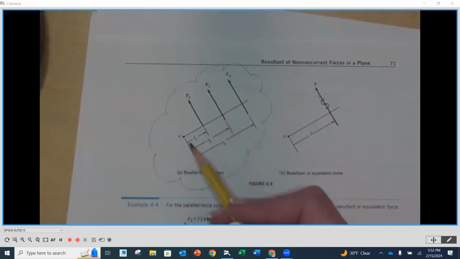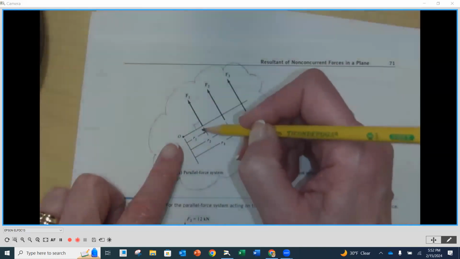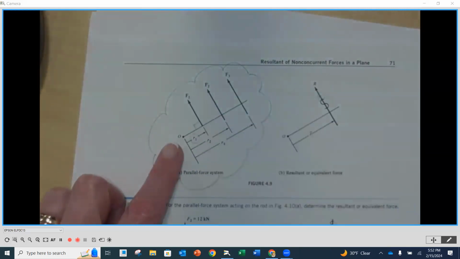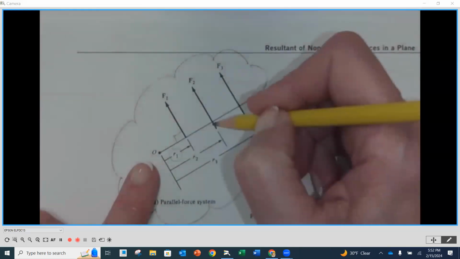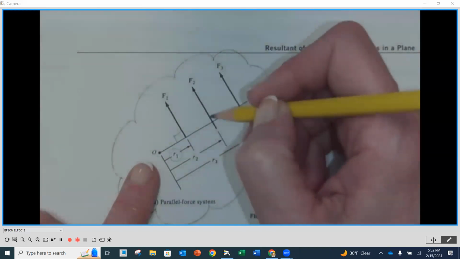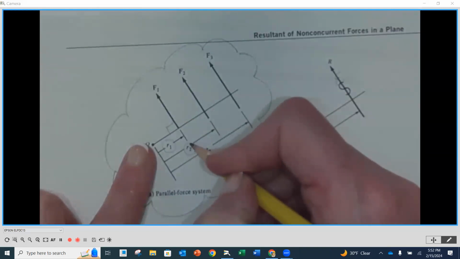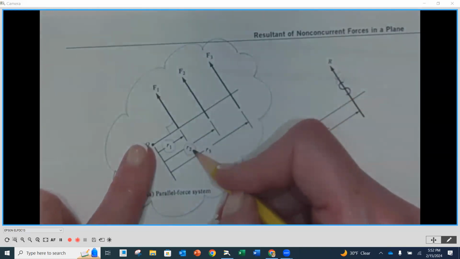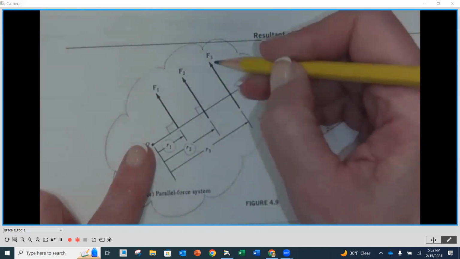You'll notice we're looking at point O, and the perpendicular distance of F1 is its corresponding radius, R1. If we find the moment that force 2 would create, it's multiplied by R2, its perpendicular distance. The same thing goes for force 3.